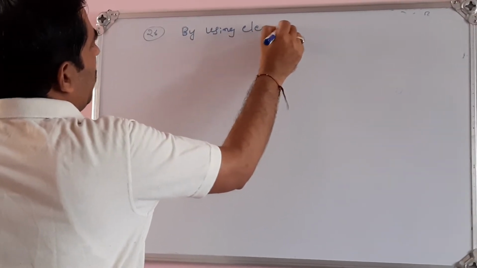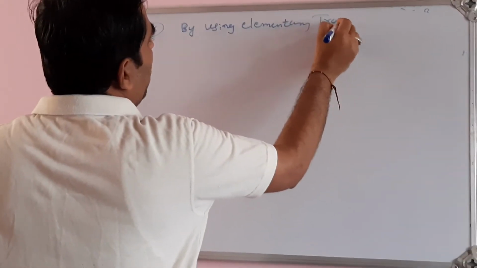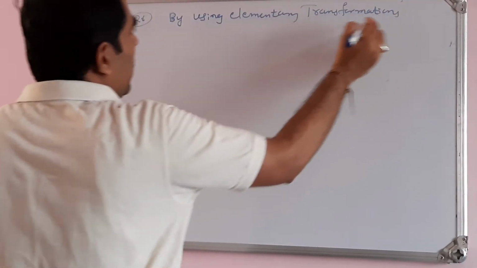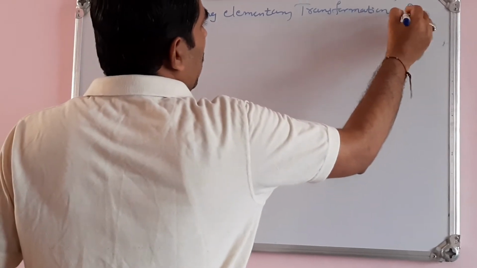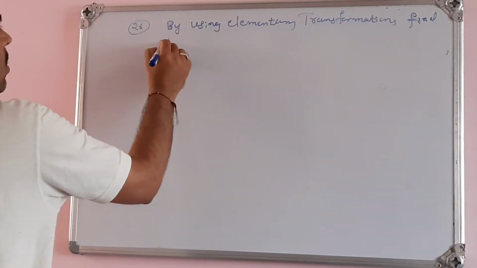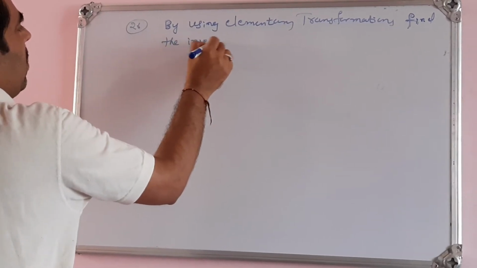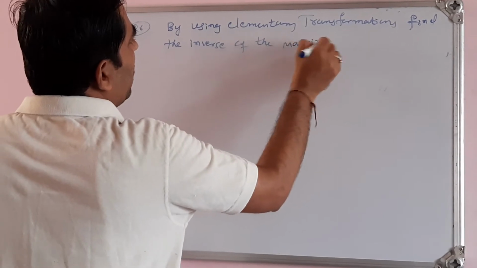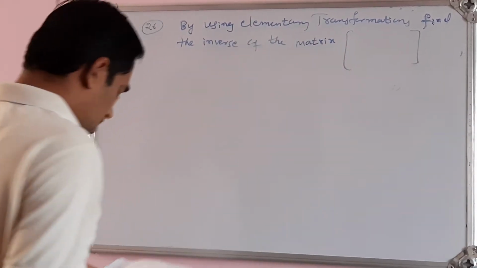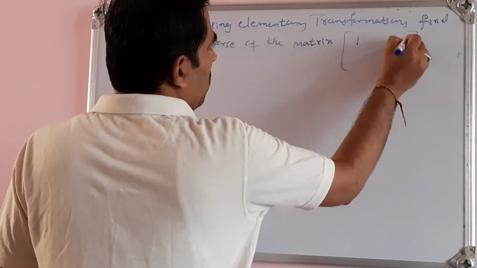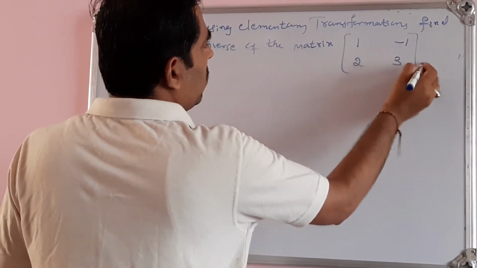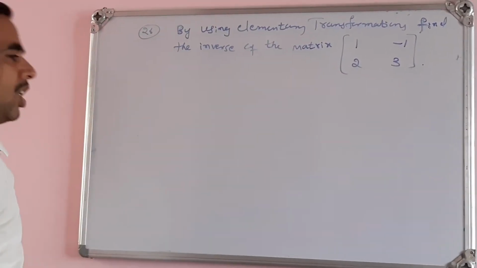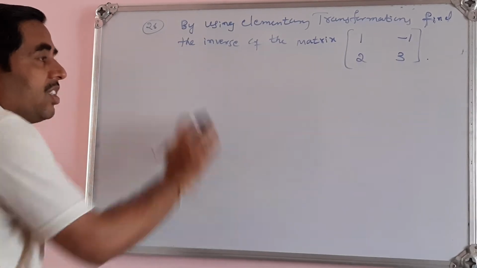By using elementary transformations, find the inverse of the matrix. So what is the matrix given? The matrix is [1 -1; 2 3]. Find the inverse of the matrix. So this is question number 26, and this also carries 3 marks.